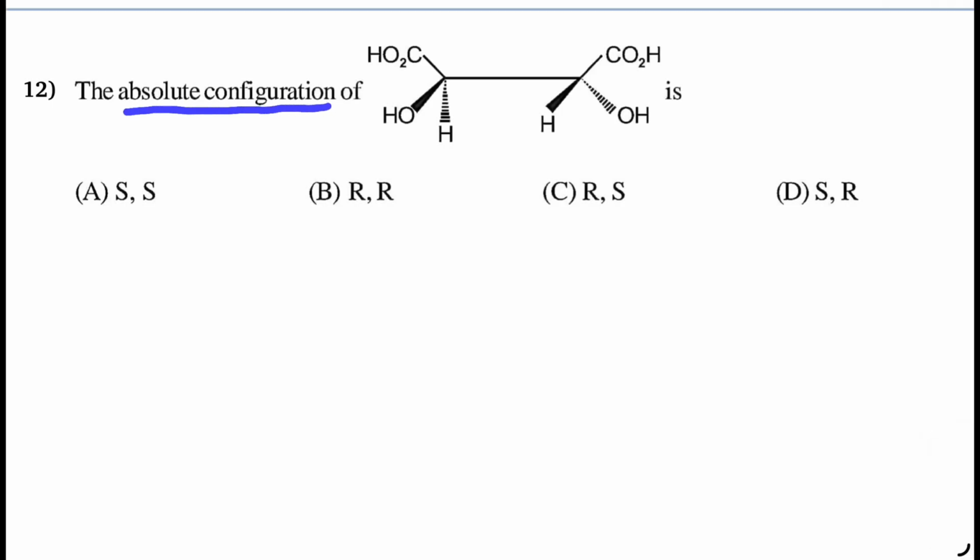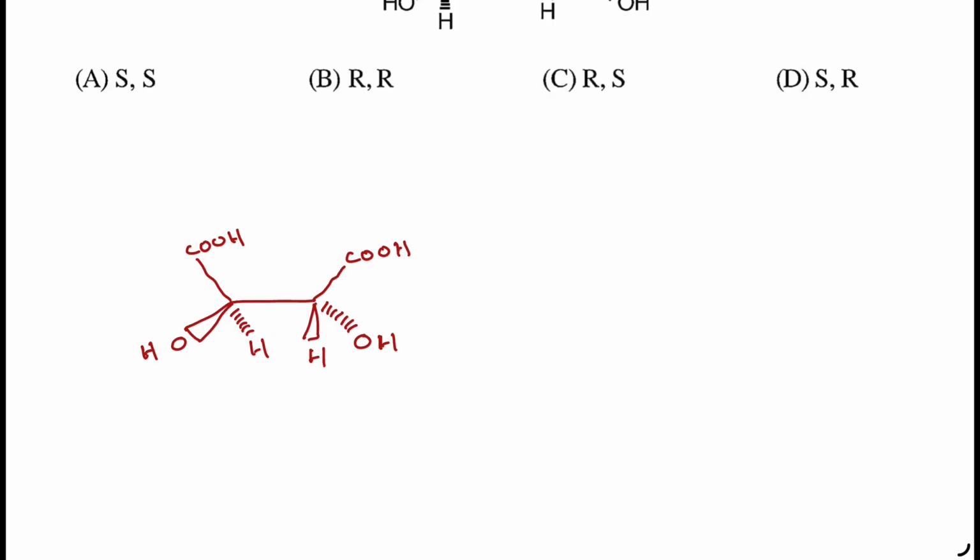And the next question is the absolute configuration of one molecule. Here it is a dicarboxylic acid, basically it is tartaric acid. This is one chiral center, this is another chiral center. But most importantly, while giving the RS configuration, the absolute configuration, we have to see that the least priority group should be away from the observer, but here that is at the wrong position. So first let us give the priority.